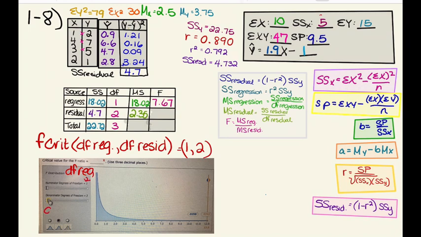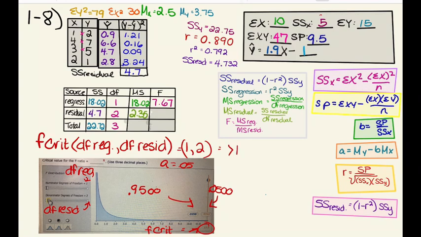So the numerator of our degrees of freedom will be our DF regression, and the denominator will be our degrees of freedom residual. We'll set our slider with an alpha level of 0.05 on the right, 95% on the left, and find our critical region is going to be beyond an F value of 12.